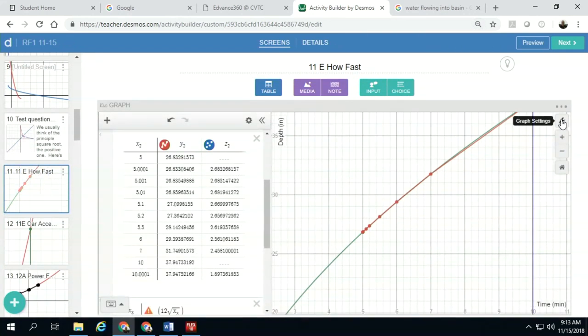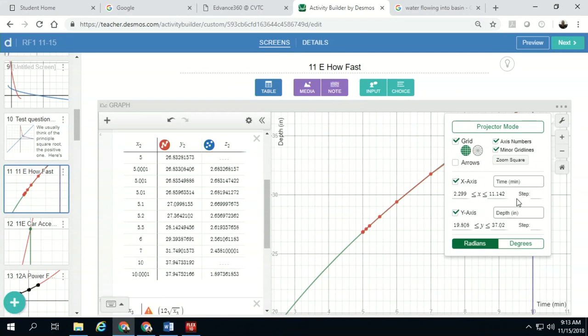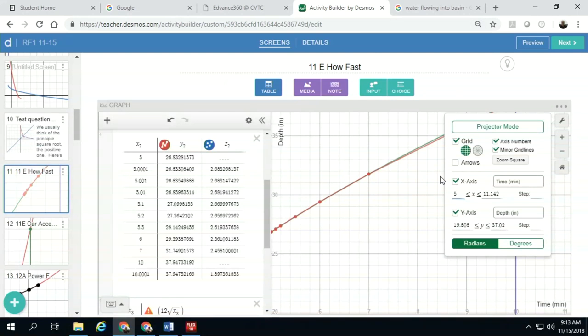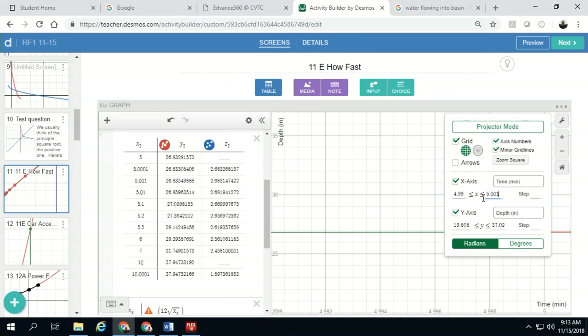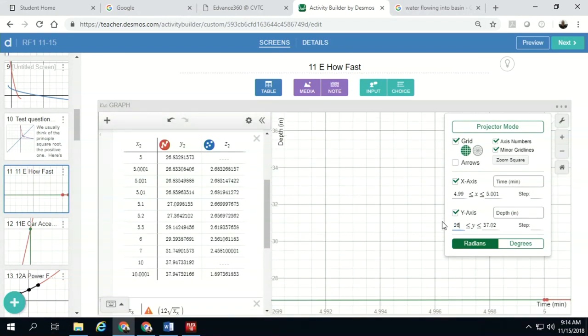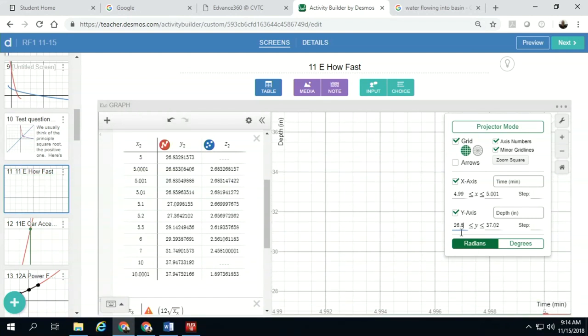In other words, as you zoom in farther and farther here, I'm going to change my settings so that the X goes from 4.99 to 5.001. And I'm going to change my Y to go from 26.8 to 26.85.